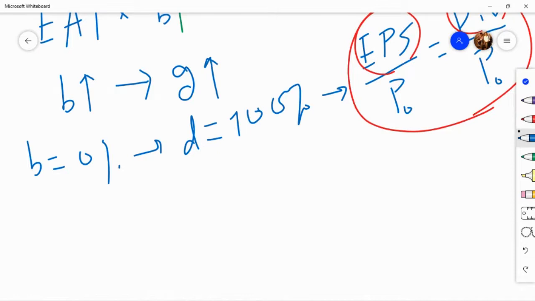We all know what return on equity is. Return on equity is net profit over equity.